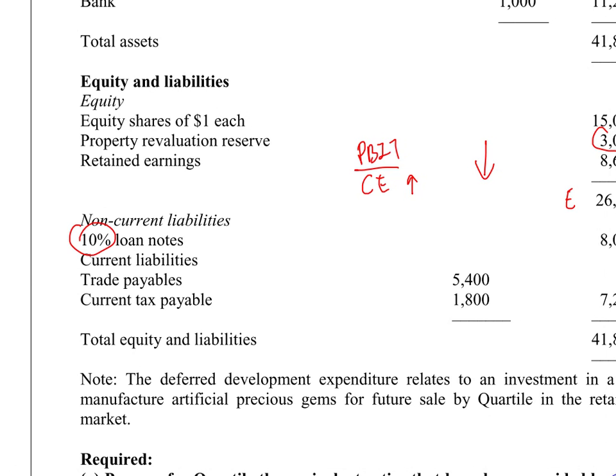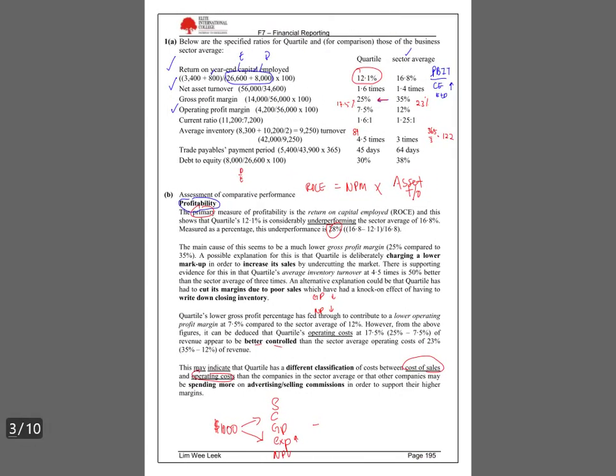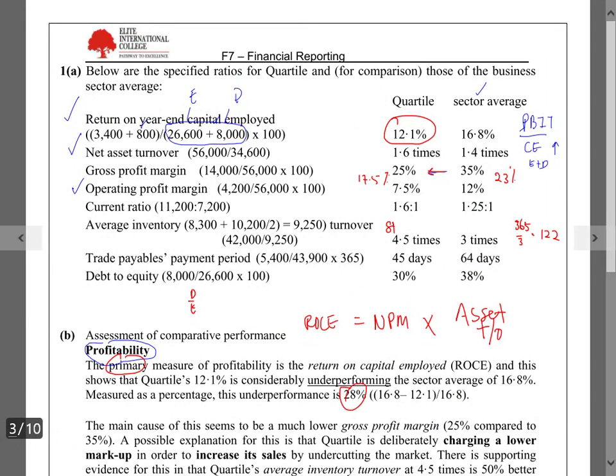I borrow at 10%. And with their money, which is this 8,000, I make how much? 12.1. I borrow 8,000, I pay 10. With the 8,000, I make 12.1. So I'm able to cover this loan interest. So this is cheap financing because using their money, I make more money. I make an extra 2.1, correct?